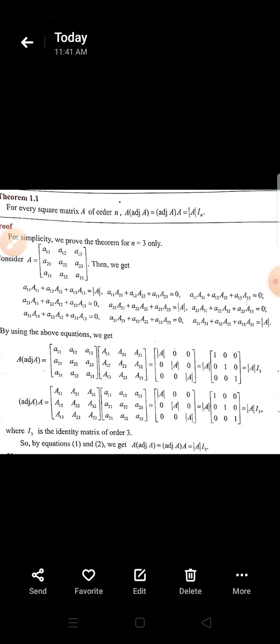How do we find the product? We take the first row of the first matrix and the first column of the second matrix: a11 A11 plus a12 A12 plus a13 A13. The answer is determinant A, as we already found.